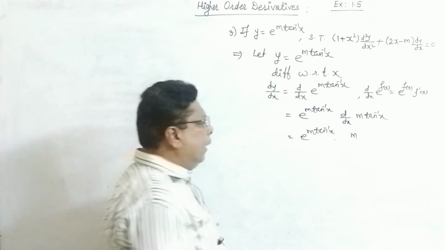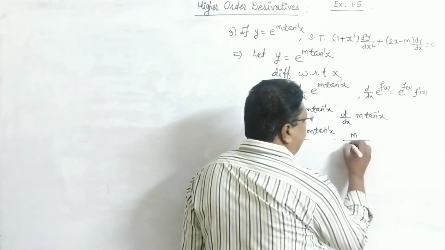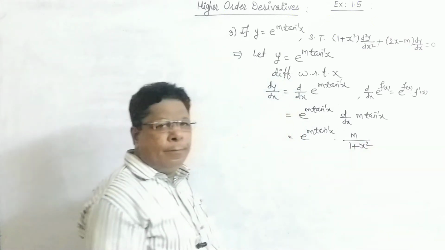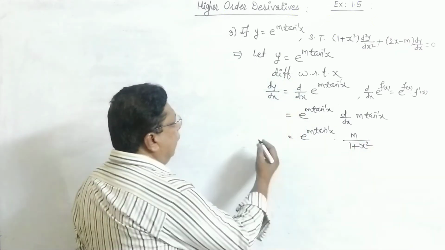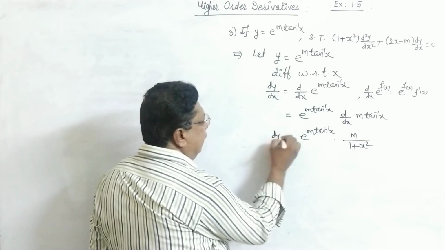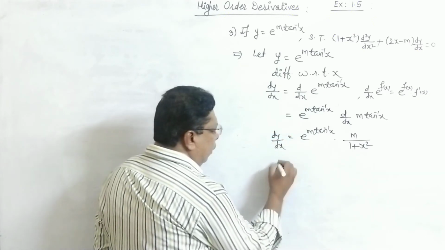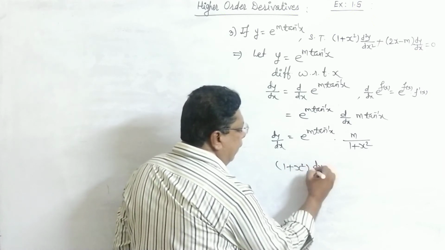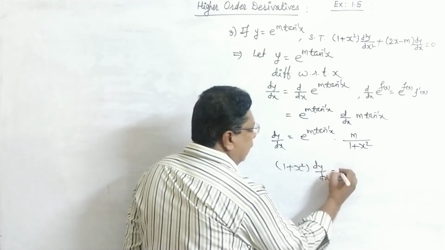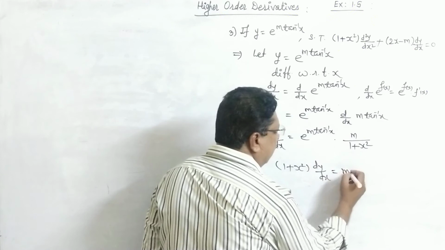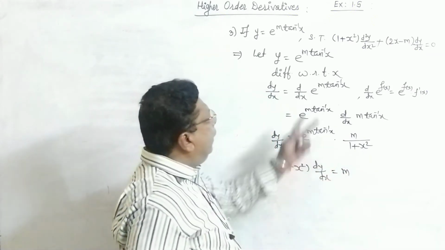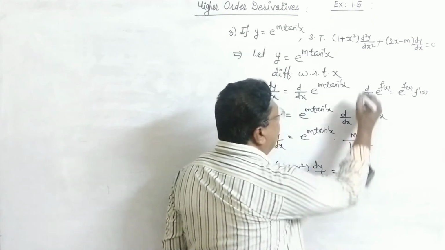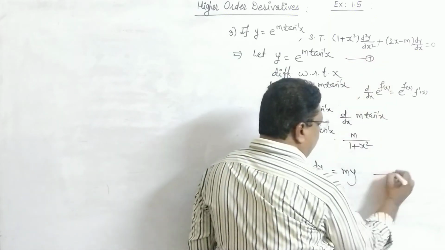Derivative of tan inverse x is 1 upon 1 plus x square. Now take the cross multiplication. Left hand side is dy by dx. So it becomes 1 plus x square into dy by dx is equal to m. e raised to m tan inverse x is y. So this is y. Say this equation 1.